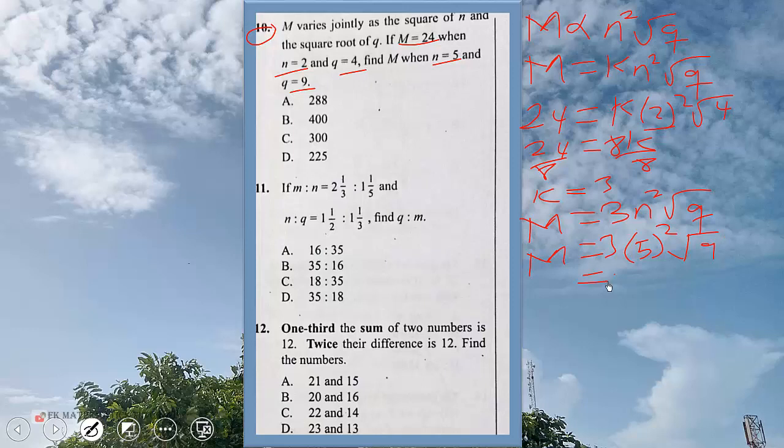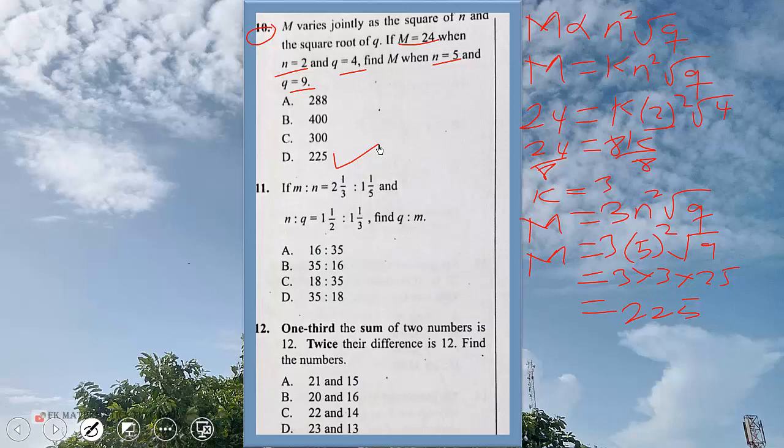So we get 3 times 3 times 25, which will be 225. So the correct answer is option D.